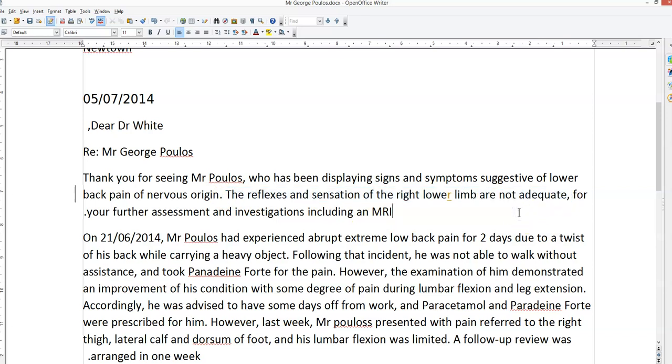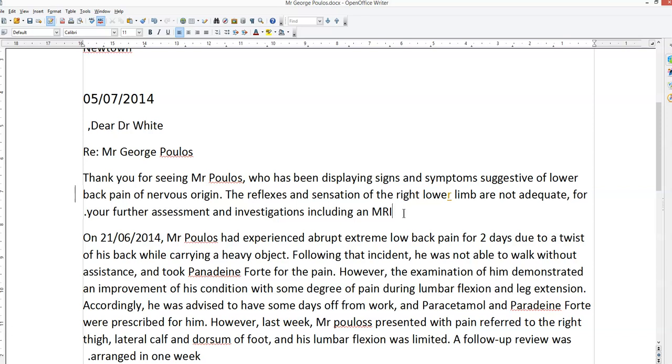All that we need here, why am I reading this? Right, so you could say, I am writing to request your assessment and advice concerning Mr. Paulus and a possible MRI scan. Do it like that, a single sentence, right?